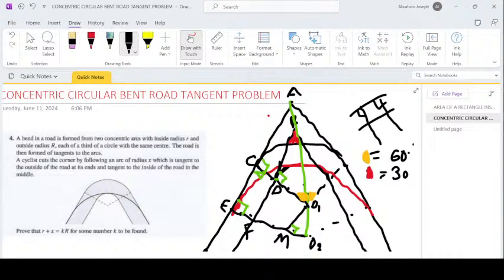Okay, so now looking at this angle here, it is also going to be red. If it's not corresponding, you can get it from the fact that this angle here is going to be yellow.